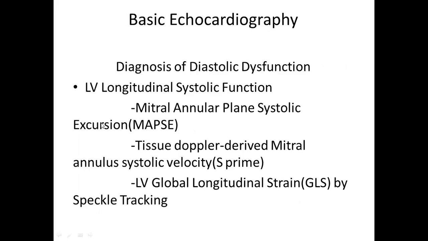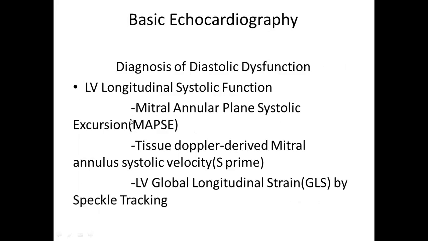It is the same thing as TAPSE, but you do it at the mitral annular plane. This is reduced in heart failure with preserved ejection fraction. Even though the ejection fraction is normal, MAPSE is going to be abnormal.